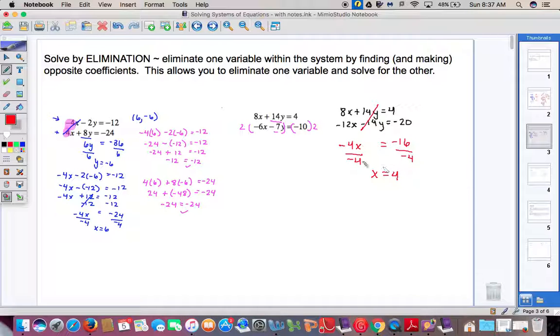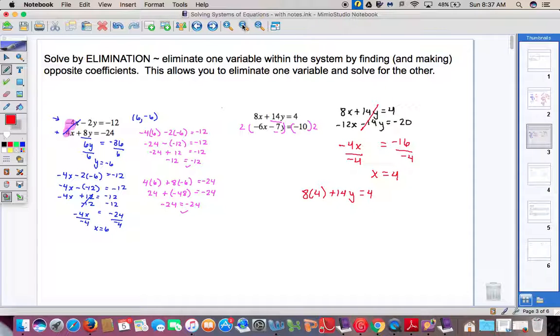If x equals a positive 4, what does y equal? You're going to want to go back to your original equations just in case you made a mistake. You don't want to use your new equation that you found, in case you made some mathematical error. So if I substitute a 4 for my x, I would have 8 times 4 plus 14y equals 4.